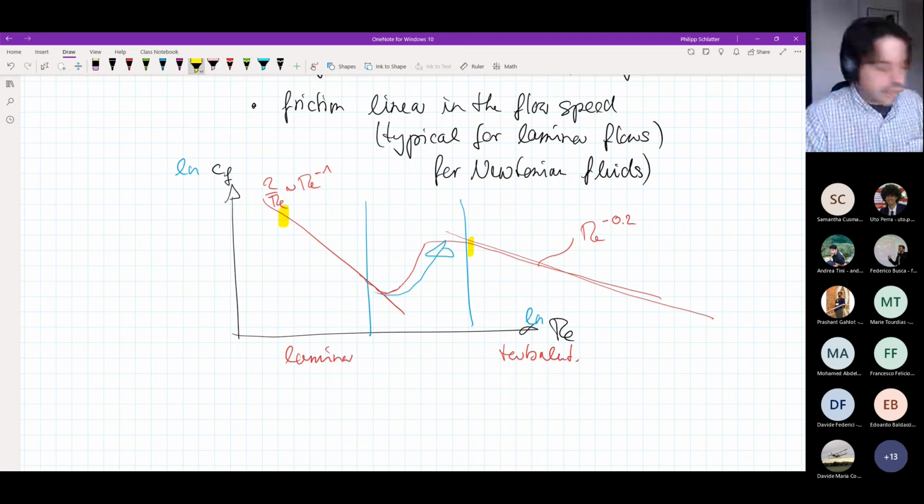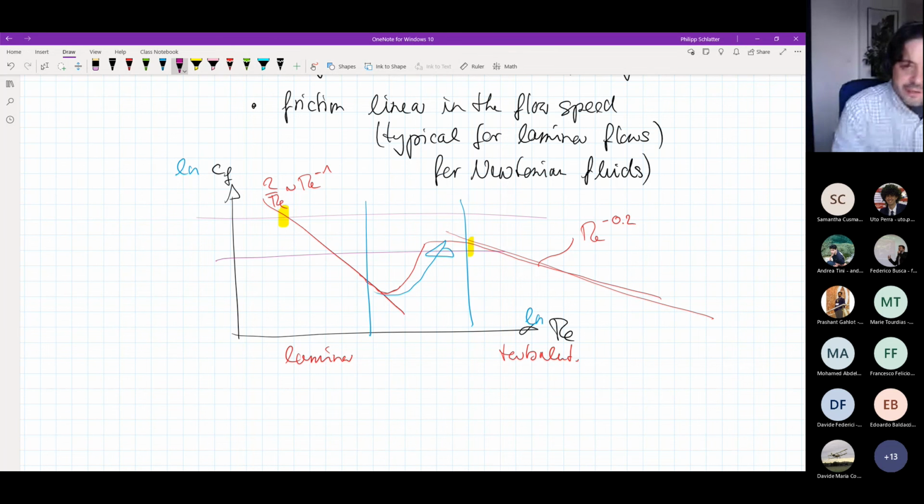So you could argue that it depends on how you compare. If you compare like this, then the friction factor for a laminar flow is larger than for a turbulent flow. But if you compare vertically, you could say if this is the laminar one and this is the turbulent one, then it would actually increase.